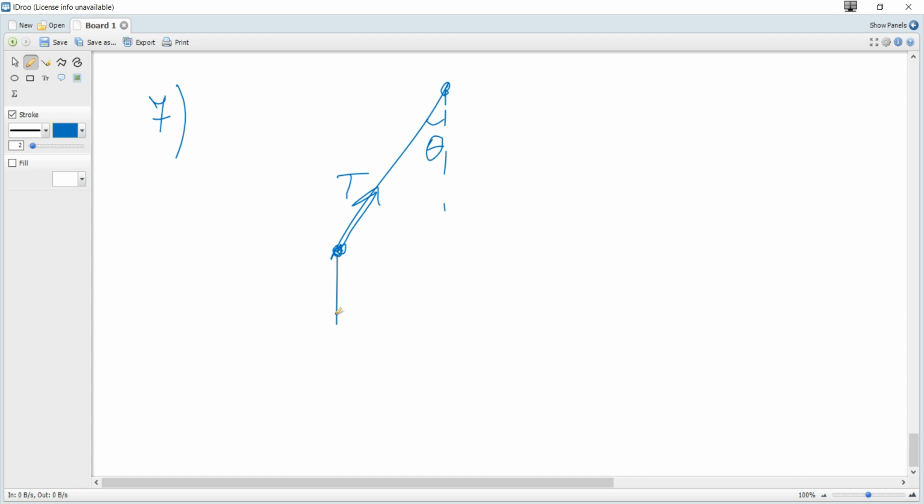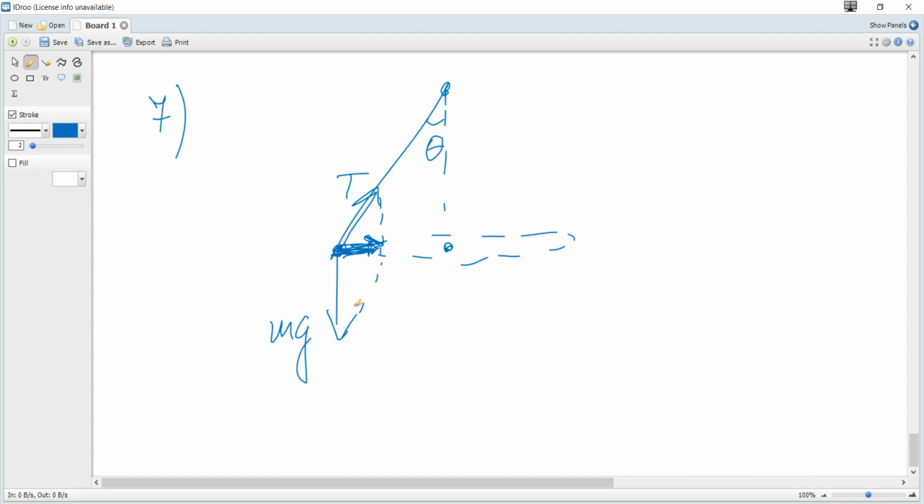Tension, weight, and the resultant force is to the center, because the net force is the centripetal force. And what is the question? What is correct about the horizontal component and vertical component of the net force on the ball? The question is about the net force, and the net force is to the center. It's horizontal because it is moving in a horizontal circle.